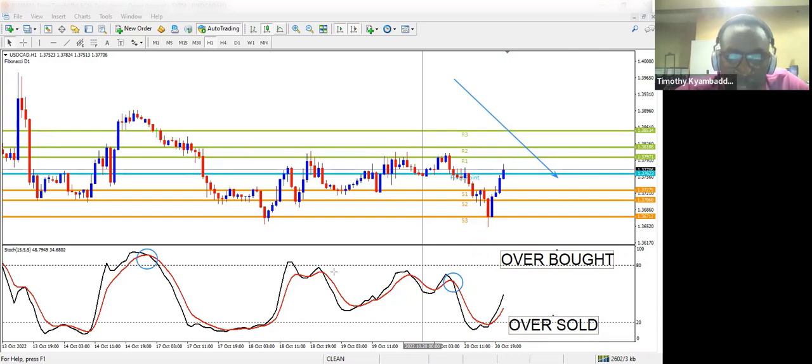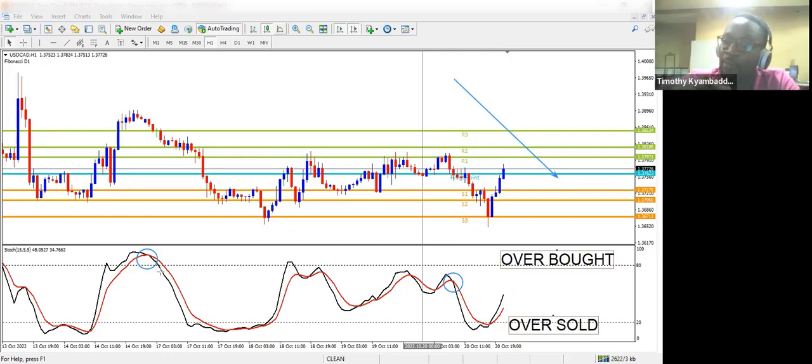Every time this happens in the overbought region, it means that the buyers are saturated, and the sellers are most likely going to come in. So this would be a good signal for you to begin to look for selling opportunities. You're looking for overbought conditions in a downward trend or in a seller's market.